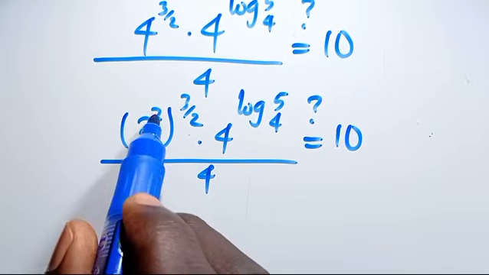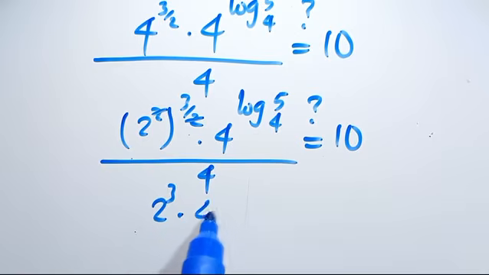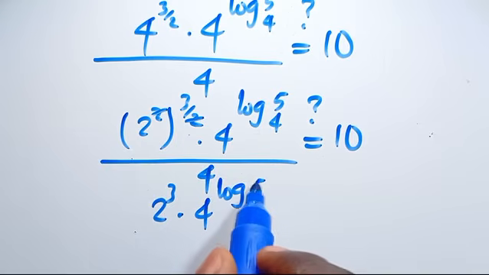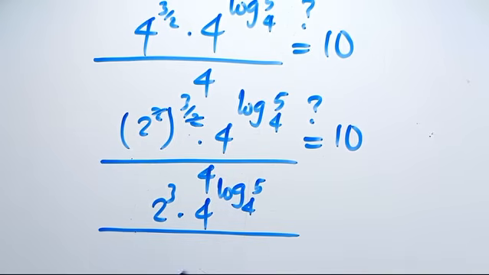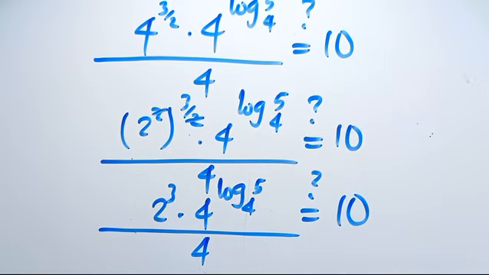Now, this 2, we eliminate this. We have 2 to the power of 3 times 4 to the power of log 5 in base 4 over 4 is going to give us 10.